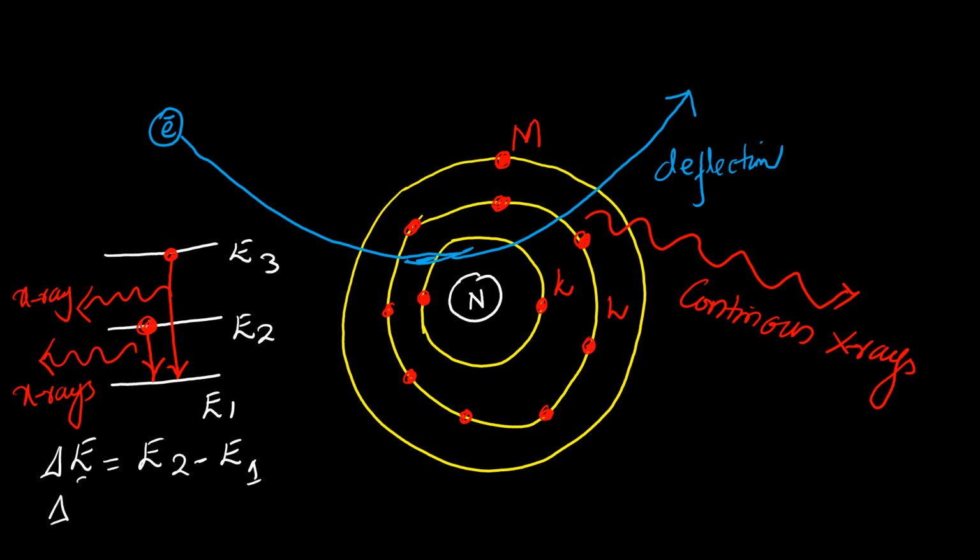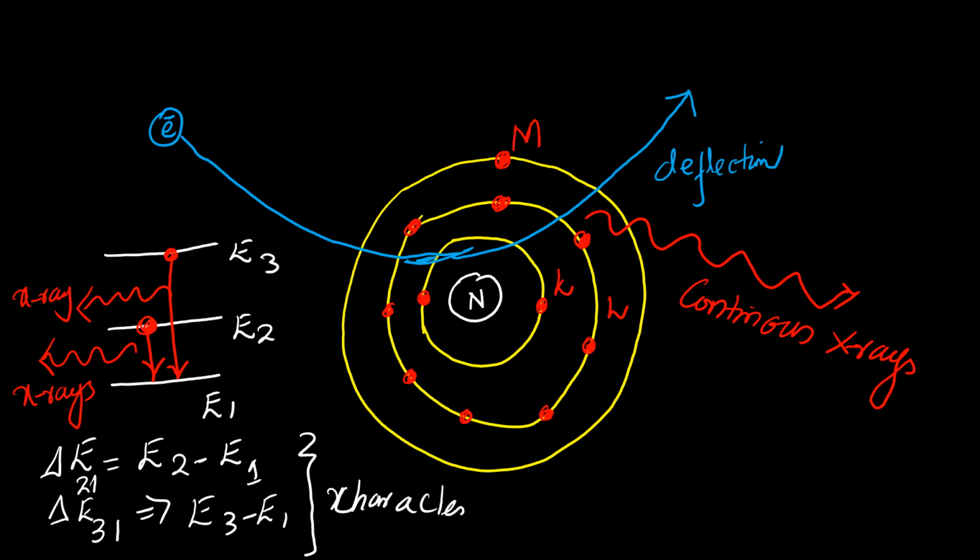Similarly, the energy for the transition from E3 to E1 was E3 minus E1. That energy difference creates characteristic X-rays due to an inner shell transition. Whereas in the case of continuous X-rays, the electron has a specific energy and momentum.